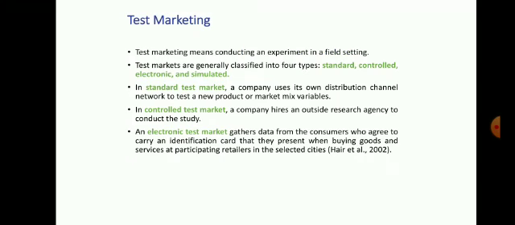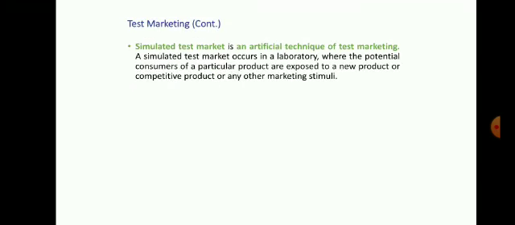Second, the controlled test market, wherein the company hires a research agency to conduct the study. Electronic test market: consumers are asked for permission to be a part of the research, and those who agree are introduced to the research project, and the observations and findings are taken from those consumers.